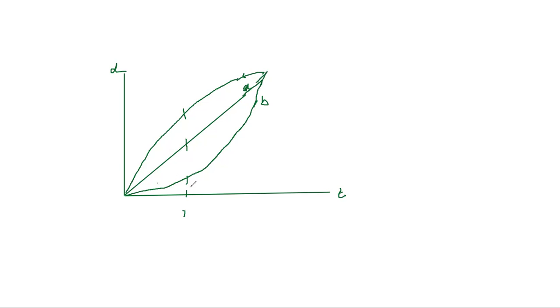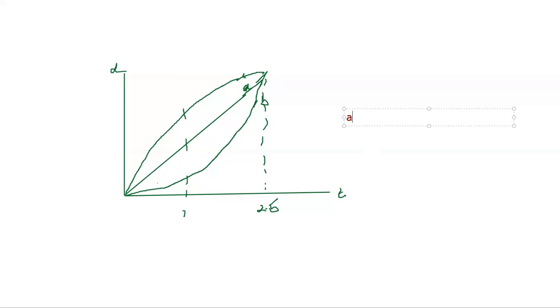So initially the car started with a lower velocity, but as time passed, it gained velocity. And at this time, let's say 2.5 hours, it covered the same amount of distance as car A. So trend B is a case of increasing velocity.